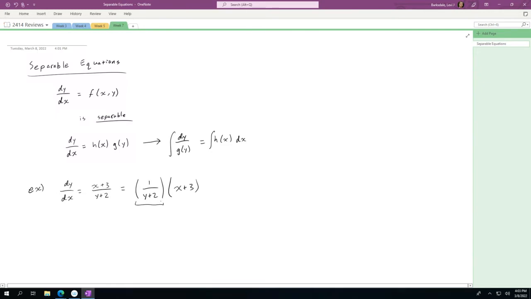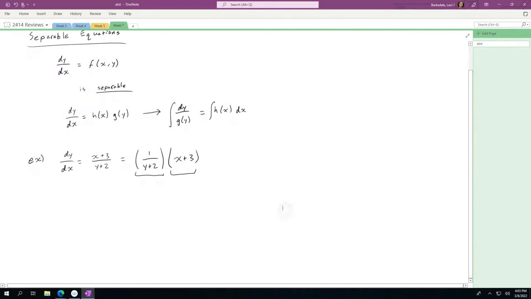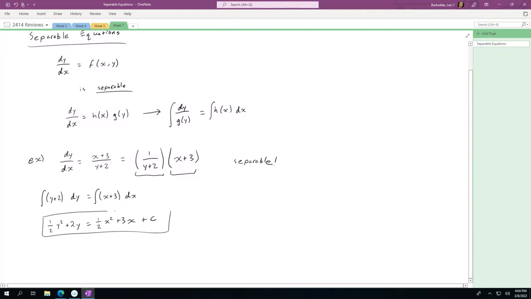I have a y function and an x function, which means I can separate this into dy times y plus 2, if I multiply both sides by y plus 2, is equal to x plus 3 dx. And when I integrate both sides of this, I have 1/2 y squared plus 2y is equal to 1/2 x squared plus 3x plus some constant. And this would be a solution to my differential equation.